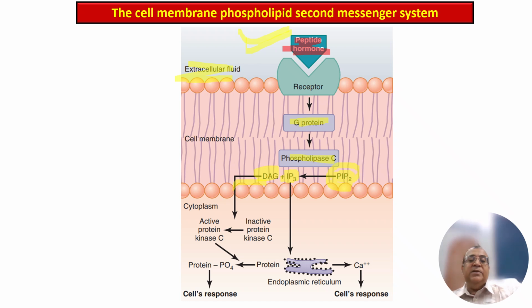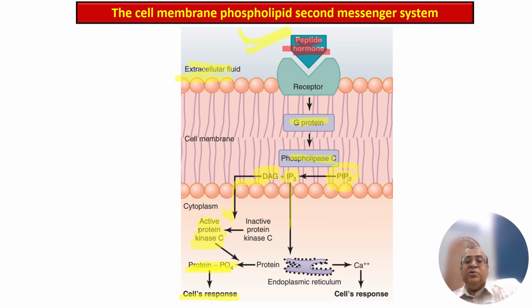This diacylglycerol is then responsible for activation of protein kinase C, and this protein kinase C is then responsible for the phosphorylation of one protein or a cascade of proteins, and finally there is a cellular response.